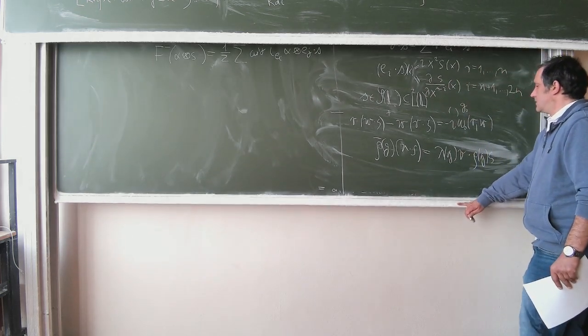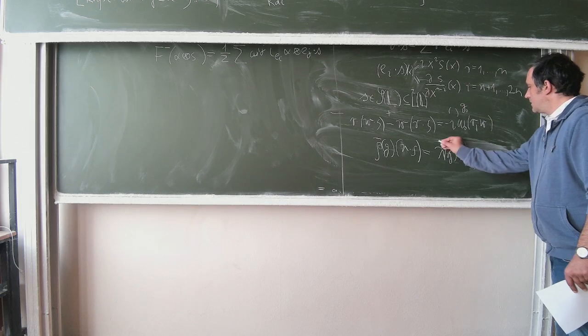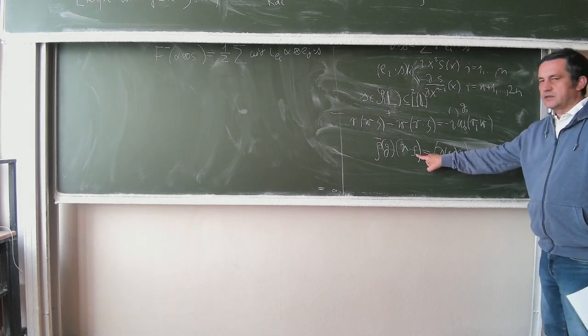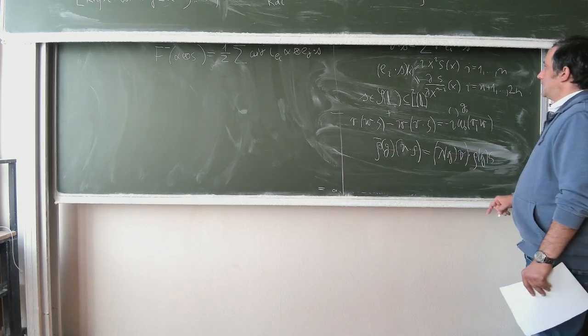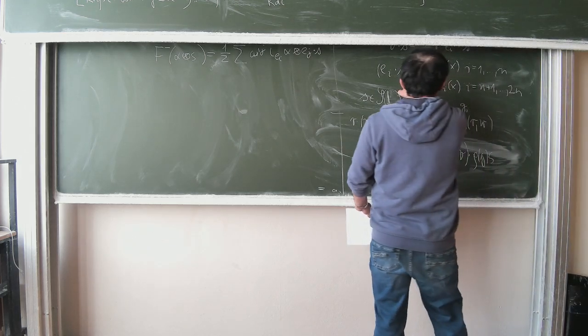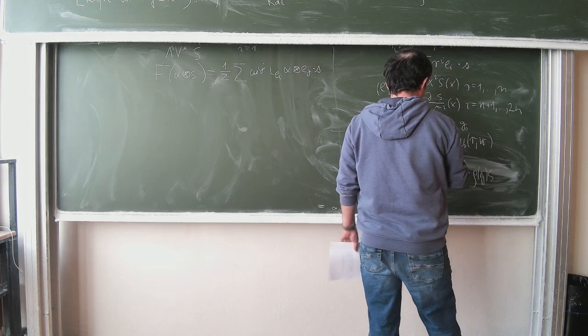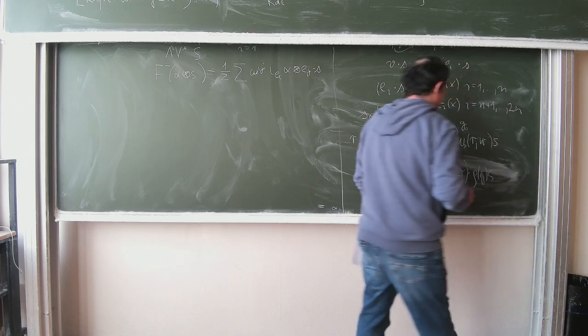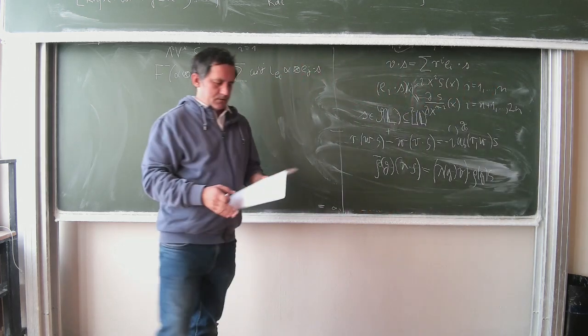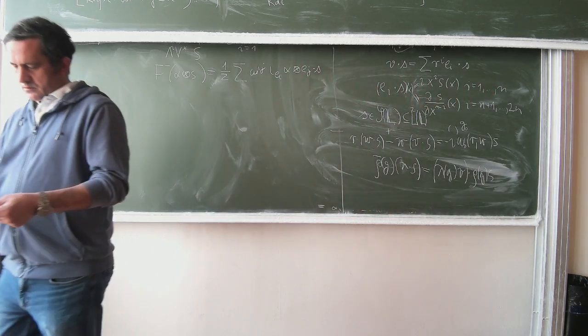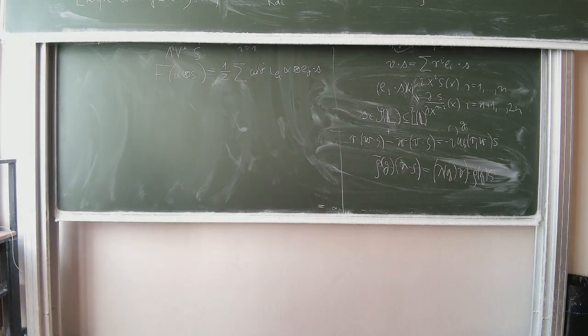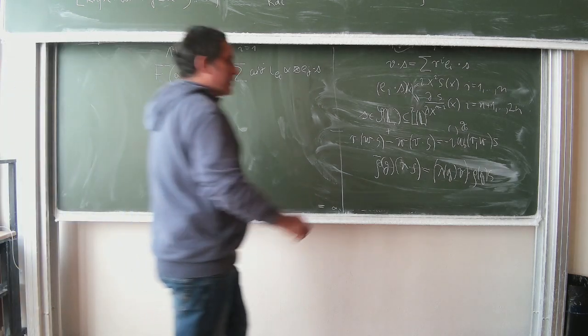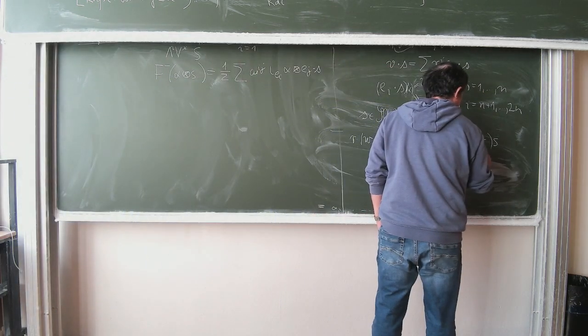So there's an S missing. S is here and S is here. On the right hand side, there is an S missing. So these are pure algebraic formulas.